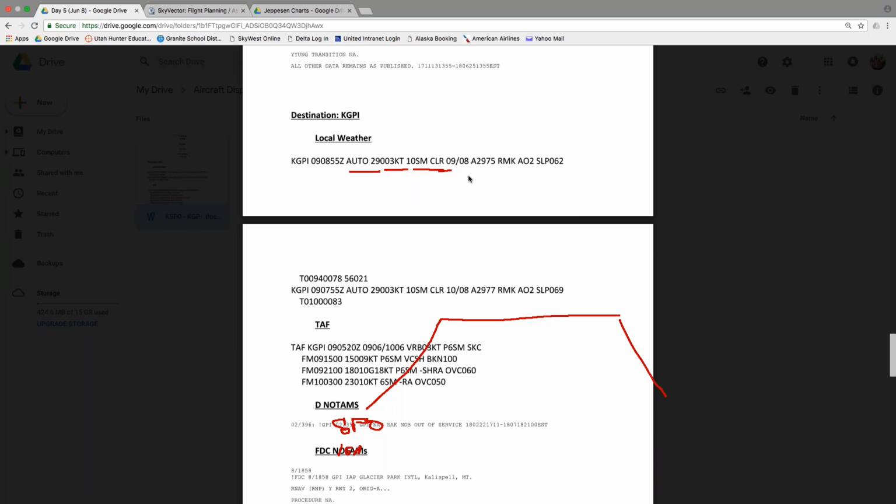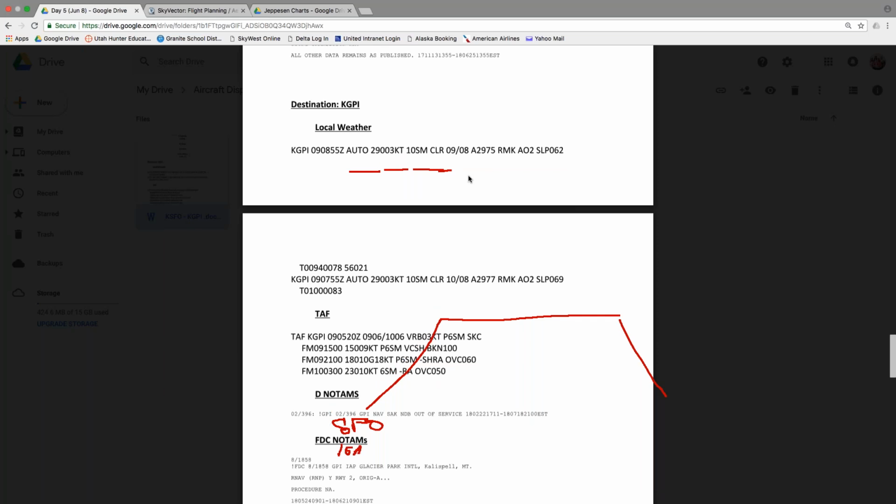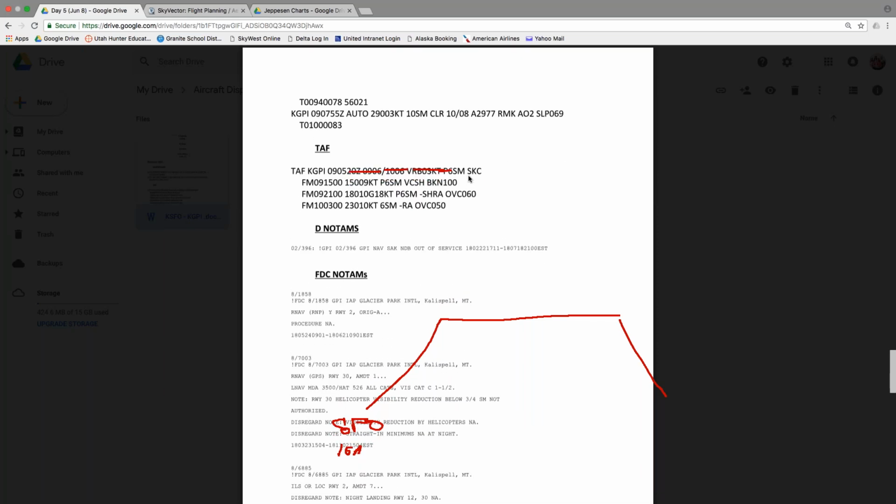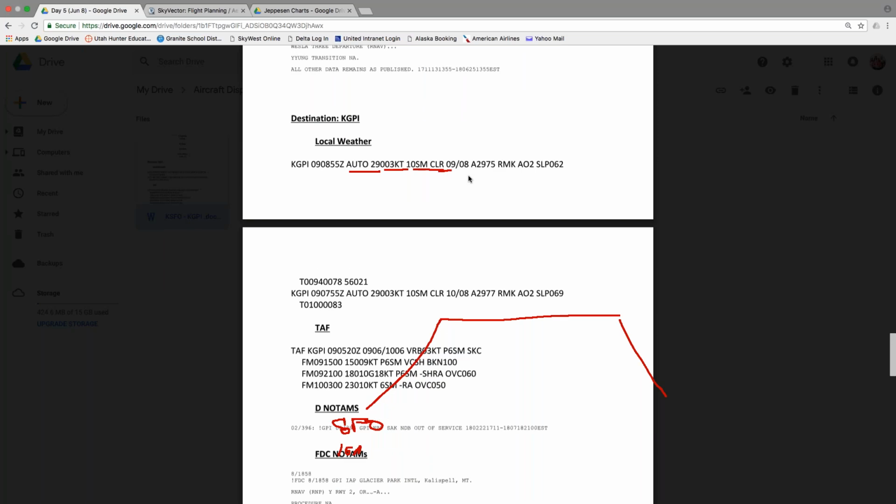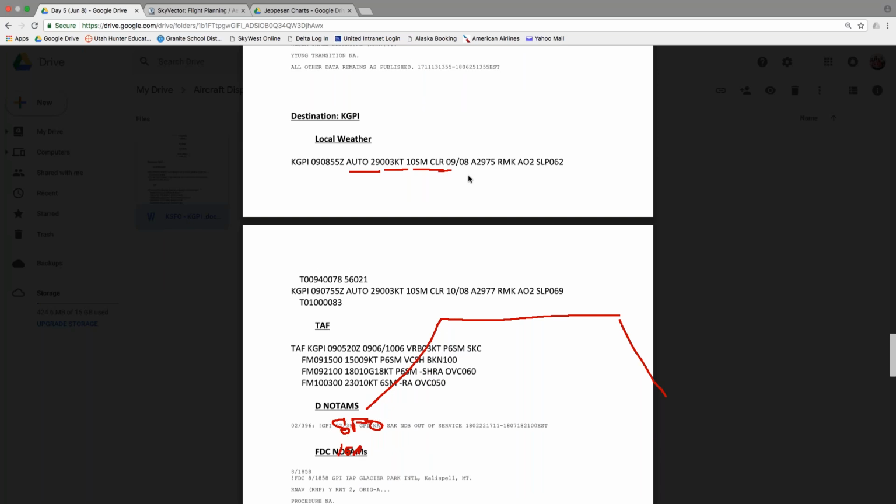But as for now, we're just going to use that temperature that's in the METAR for our destination, okay? Because our TAF, once again, is a forecast, does not have our temperature in the forecast, okay? So we'll take just the temperature of 9 degrees, and that's all we need from our METAR.